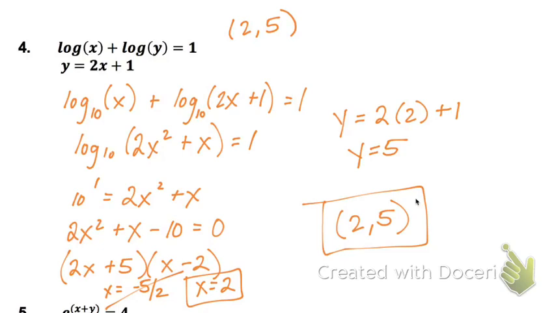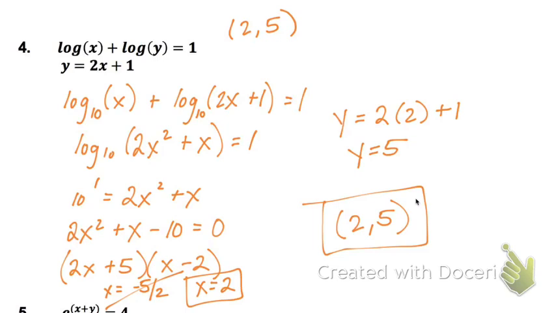That's usually step 3. So I condensed, since there's a plus sign in between, that means you do what to the insides? You multiply them. So 2x squared plus x. Now I have a log on one side, a number on the other, so I need to convert to exponential. So it becomes 10 to the first power equals 2x squared plus x.